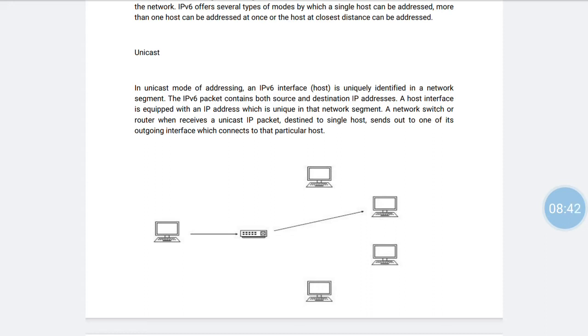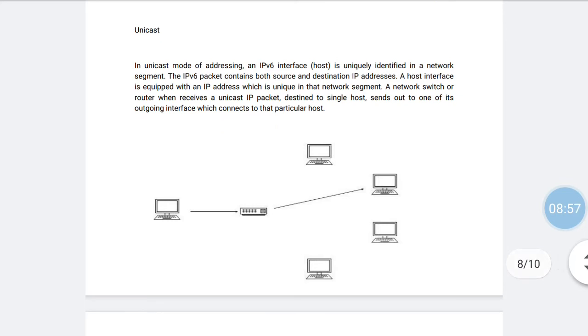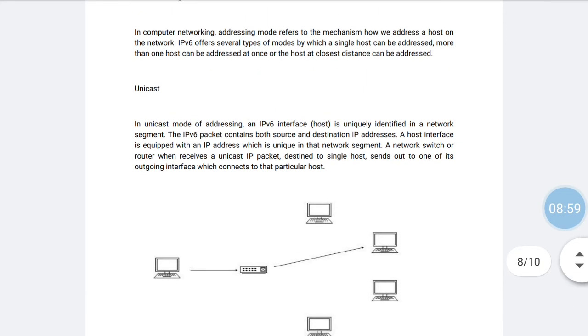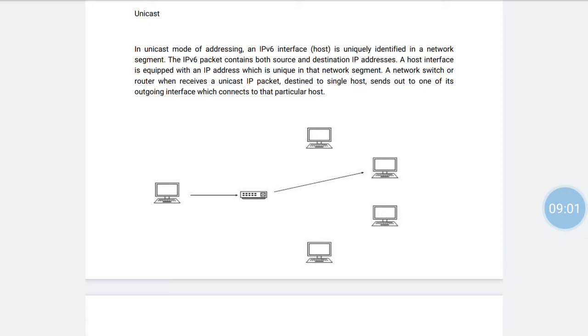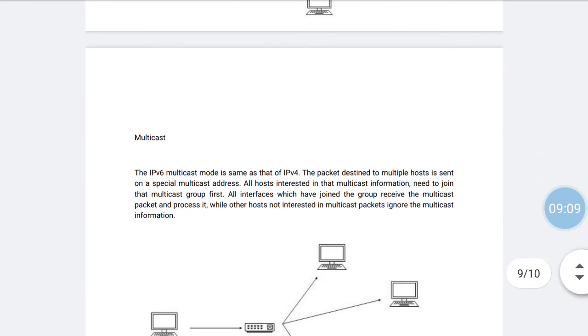A network switch or router, when it receives a unicast IP packet destined to a single host, sends it out on the outgoing interface which connects to that particular host. So this is the unicast addressing mode, where it sends the information only to a particular host.